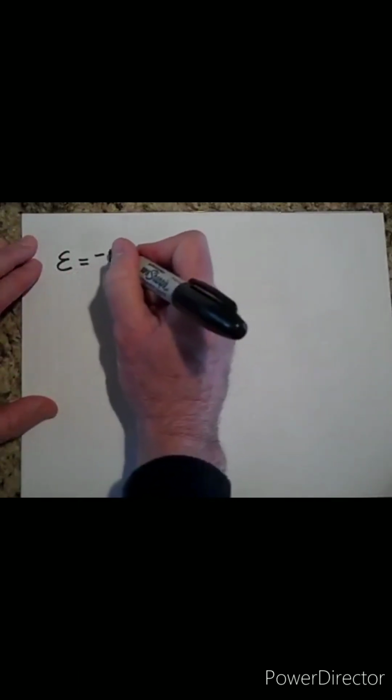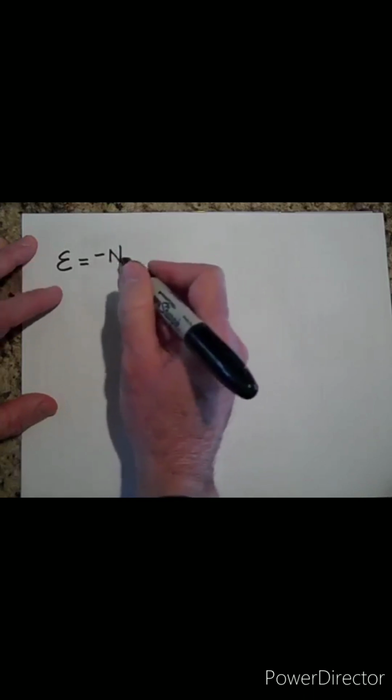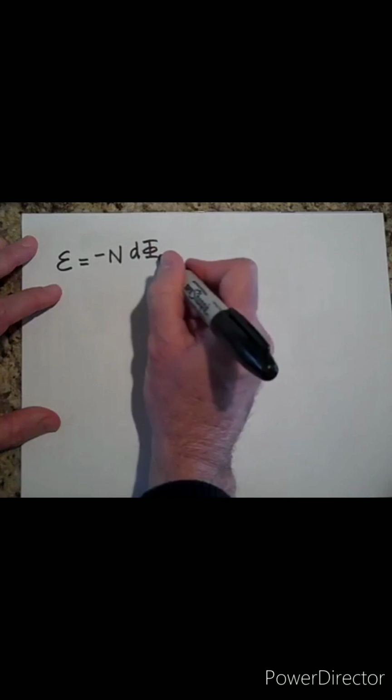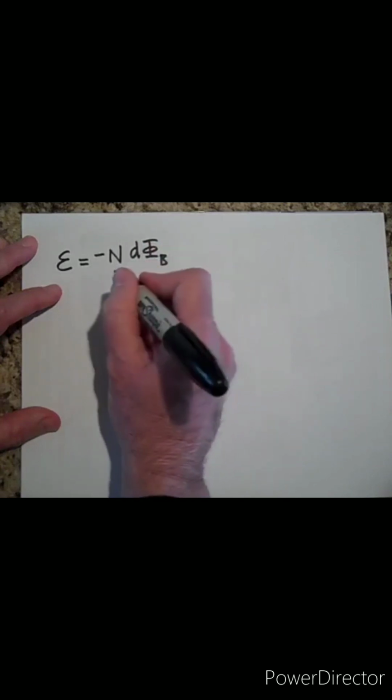In this case, the induced EMF is going to equal negative N, depending on how many turns the hoop has, times how fast the flux is changing with time.